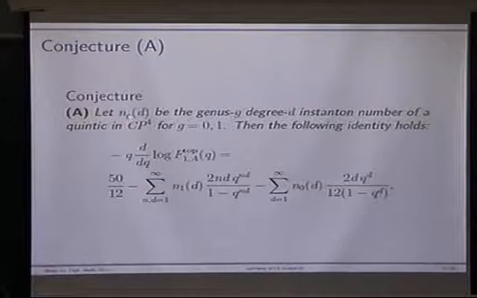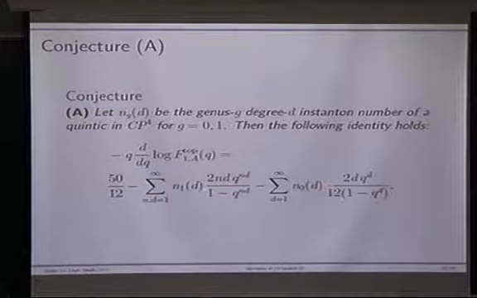So let N_{g,d} be, for the quintic Calabi-Yau, the number of genus g and degree d curves. Then the symplectic side of the conjecture is that F1A more or less is the generating function of this N_{1,d}.